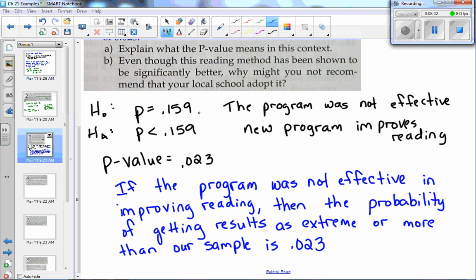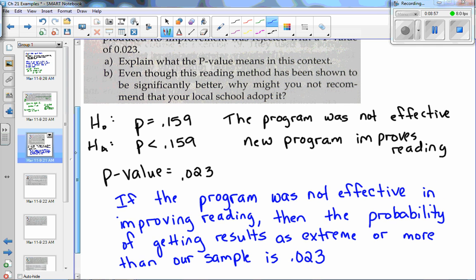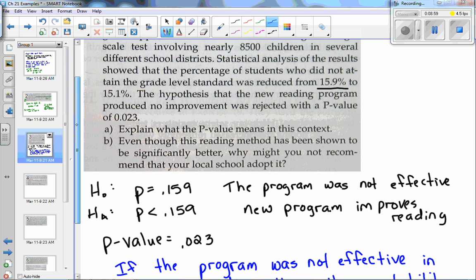If you look at the percentage rate, 0.159, 15.9%, to the sample results of 15.1%. Well, that's not much of a difference. Remember what can sometimes happen. We had a really large sample size, 8,500 children.